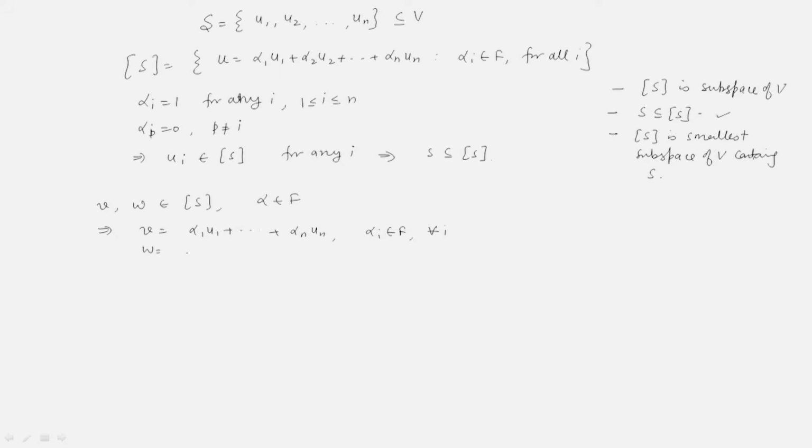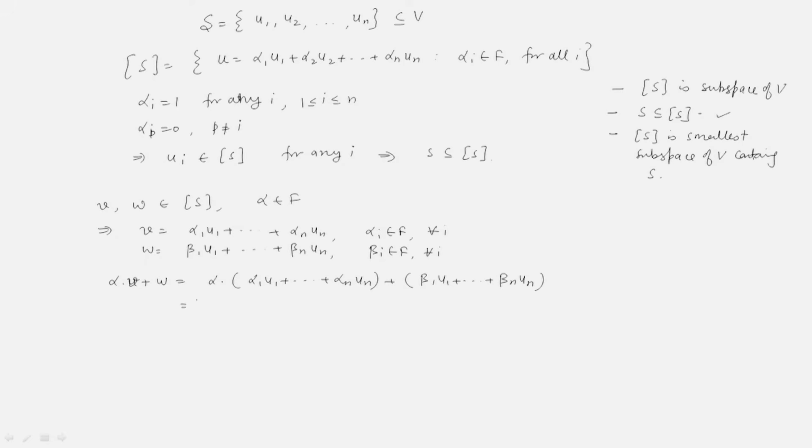Since V belongs to span of S, V is some linear combination of vectors U1, U2 up to Un, with alpha i belonging to the field for all i, and similarly W will be some other linear combination of U1, U2 up to Un. So, the scalars will be different. Now, you take alpha dot V plus W. So, it is alpha times alpha 1 U1 and so on up to alpha n Un, plus W, which is beta 1 U1 and so on up to beta n Un.